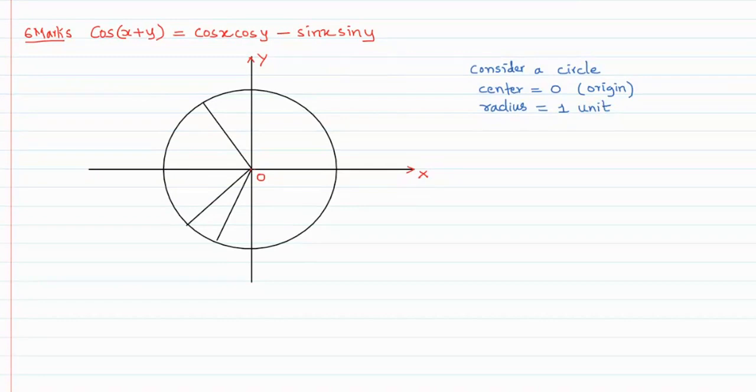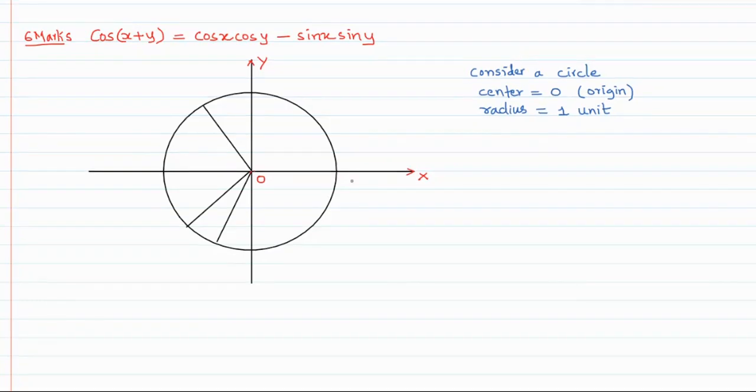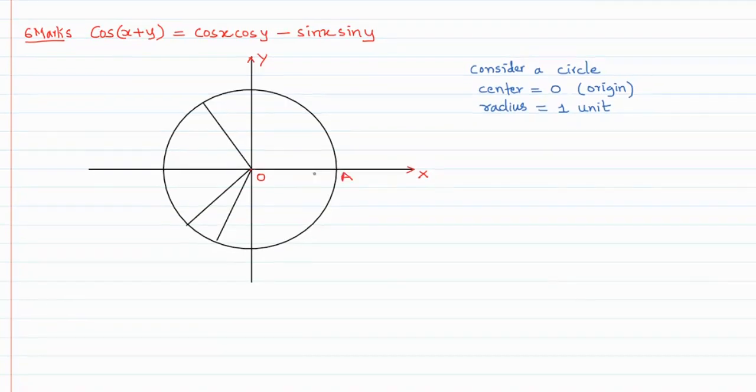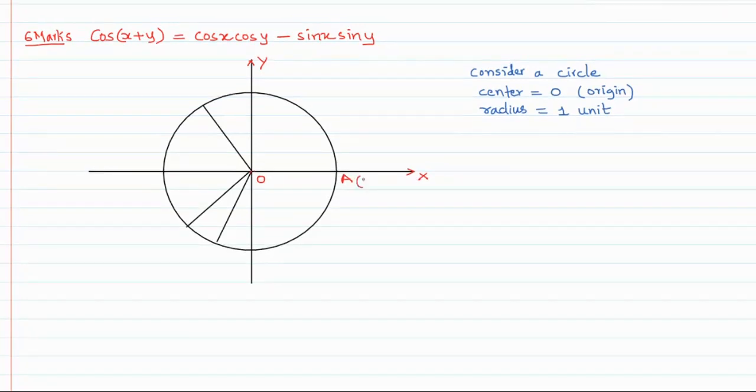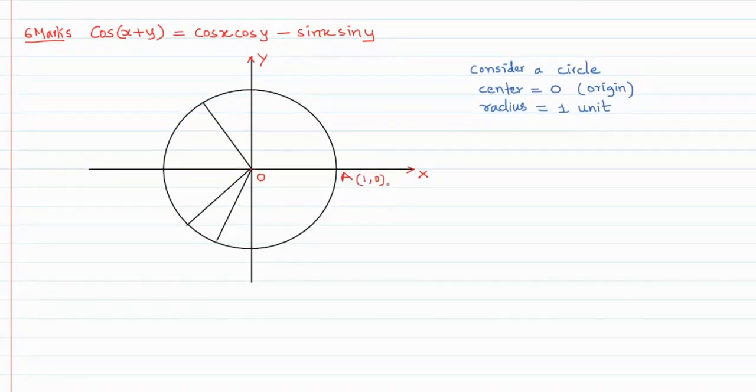Now on this circle, I will take 3 points. Let this point be A. As the radius is 1, point A is on the x-axis, its coordinate will be (1, 0).